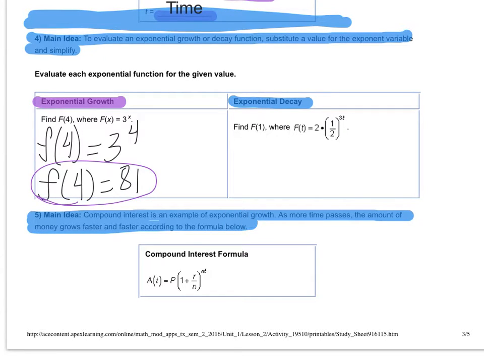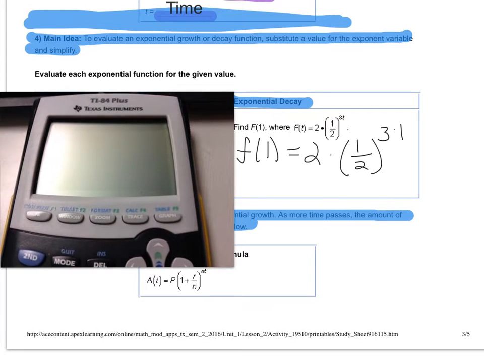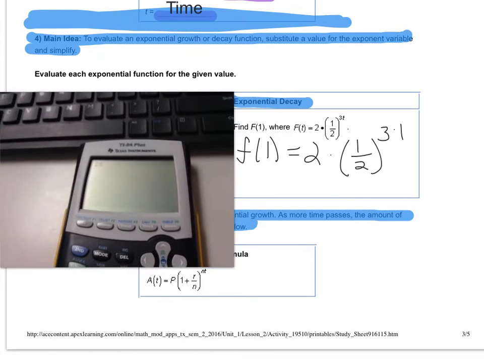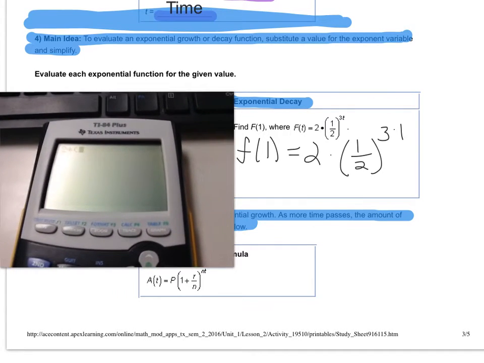For exponential decay, it says find f of 1 where f of t is equal to 2 times 1/2 raised to the 3t power. So everywhere you see a t, just substitute in a 1. So f of 1 is equal to 2 times 1/2 raised to the 3 times 1 power. I will plug it in the calculator just how I see it. 2 times, open parentheses.